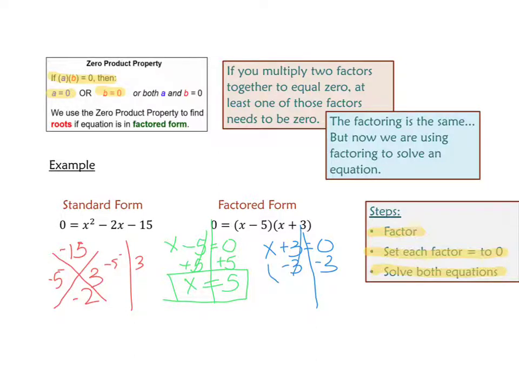I bring down my x. 0 minus 3 is negative 3. So we have, through the zero product property, discovered the roots of the equation. These are the roots where it crosses the x-axis.